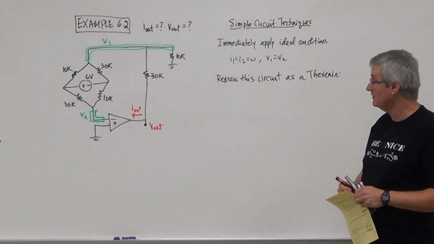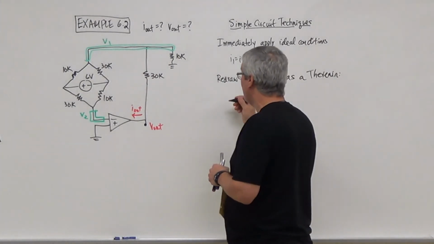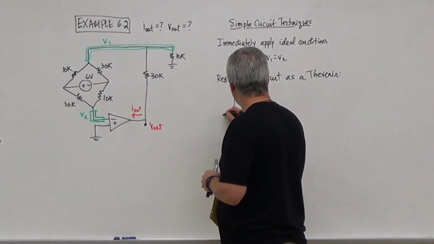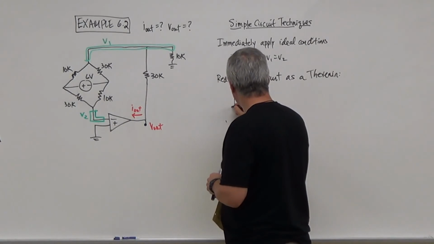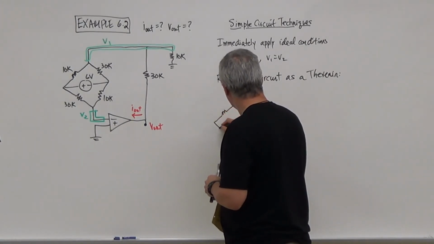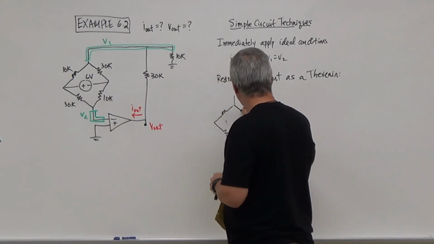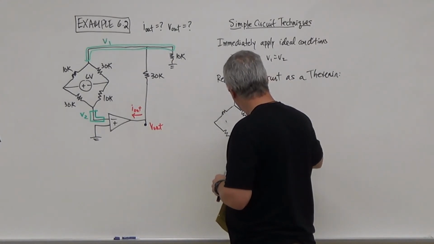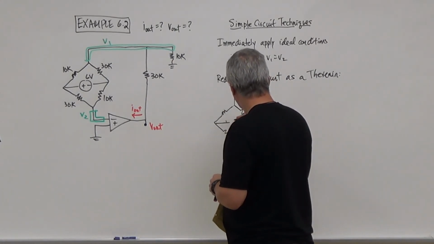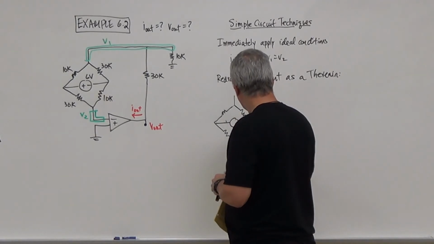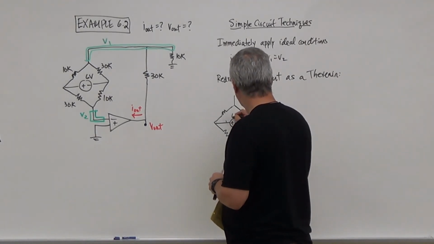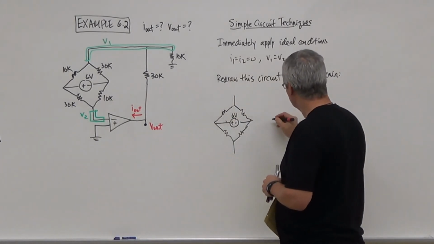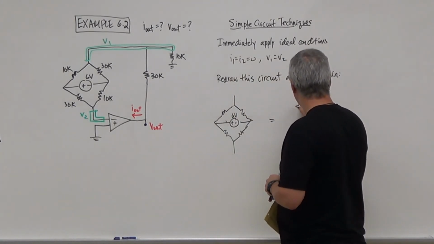And the way to see that is if I now take the node of these guys between V1 and V2, if I take this guy here, what I want to do is replace this with this.